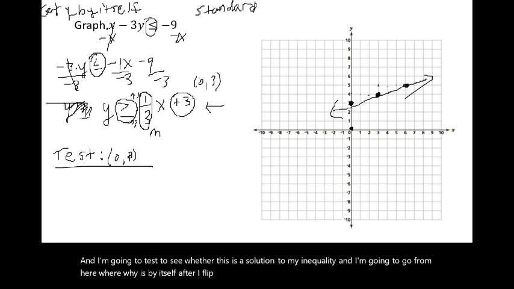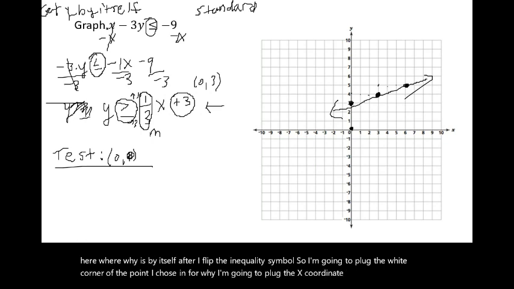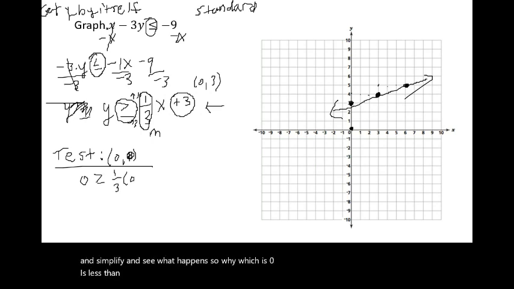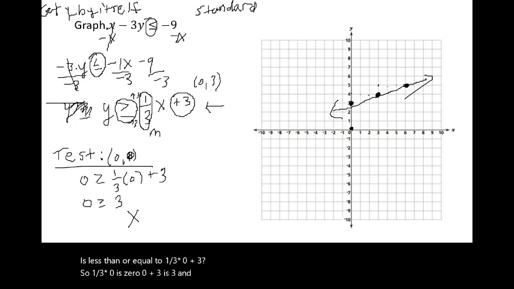So I'm going to plug the y-coordinate of the point I chose in for y, and the x-coordinate in for x, and simplify and see what happens. So y, which is 0, is greater than or equal to 1/3 times 0 plus 3. So 1/3 times 0 is 0, 0 plus 3 is 3. And 0 is not greater than or equal to 3.